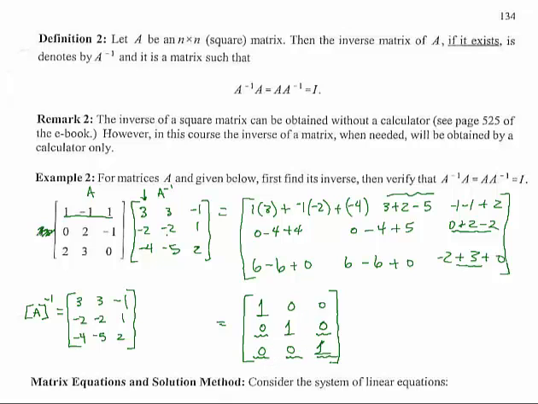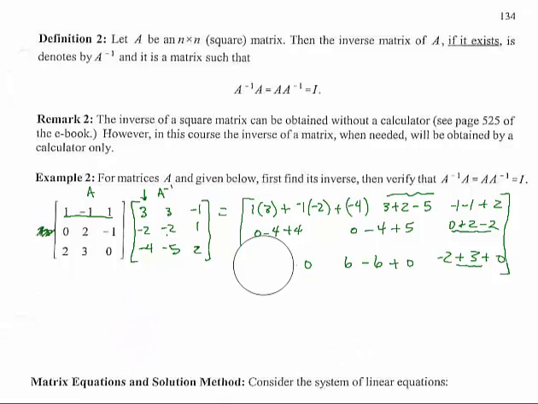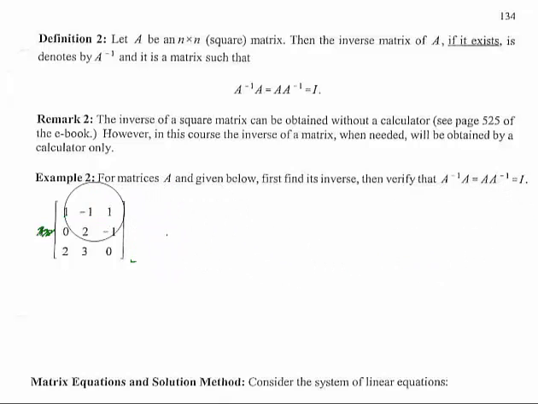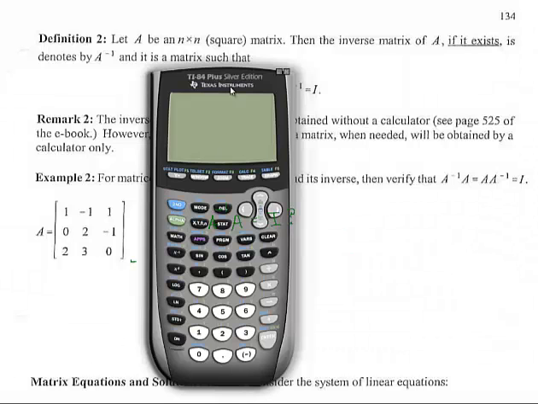Alright, and as I promised, we will use our calculator to do the next one. What is A inverse times A? Is it the identity matrix? Alright, so pull up the calculator.